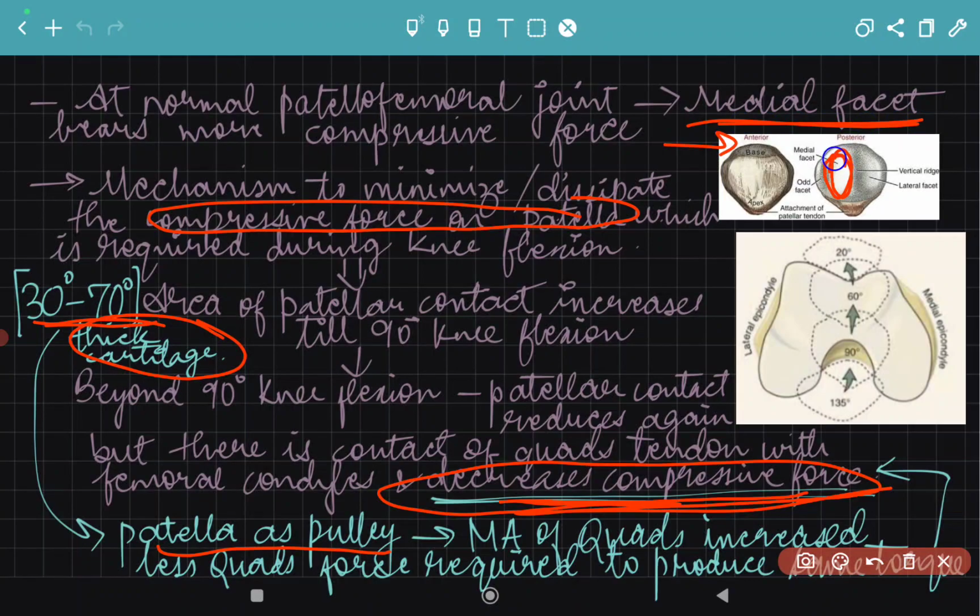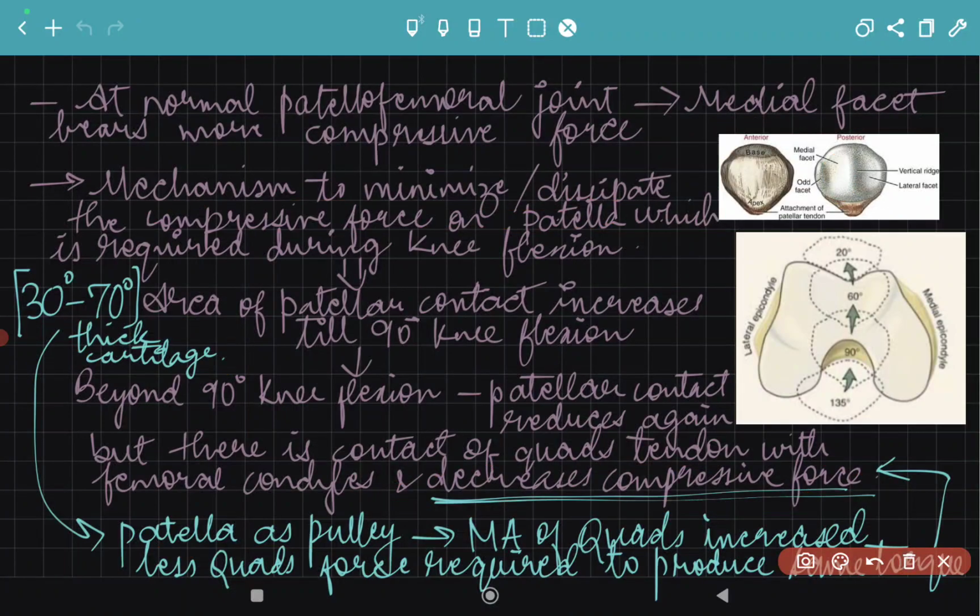There is also thick cartilage mainly behind this medial facet of the patella, which is going to make more contact with the femur in the patellofemoral joint, and this thick cartilage will also help in reducing this compressive force, as it is capable of withstanding this compressive force. Hence the joint which is liable to take all this force will have less of a burden to take over this compressive force.